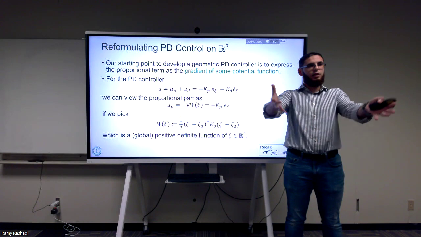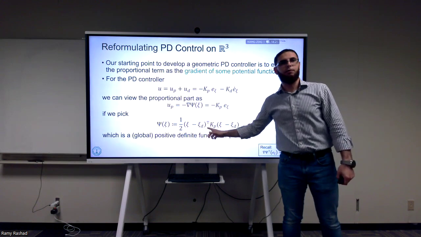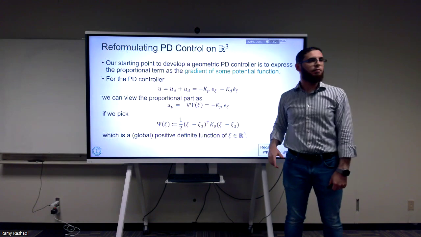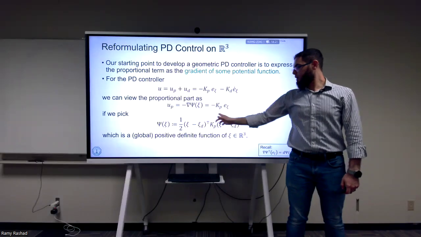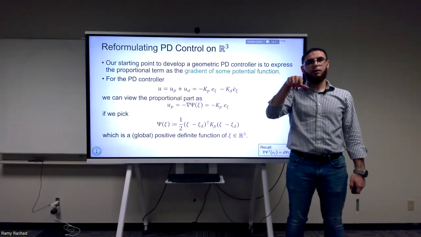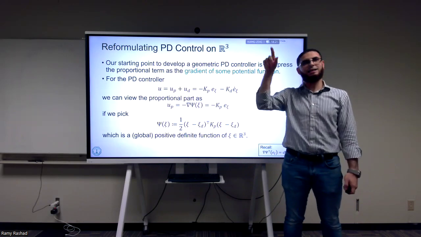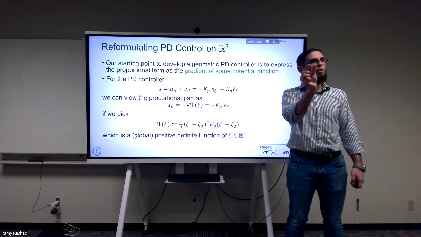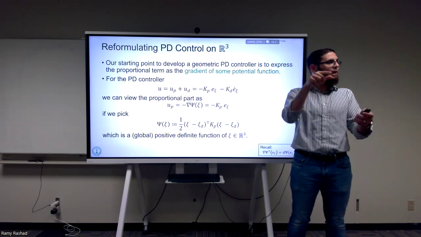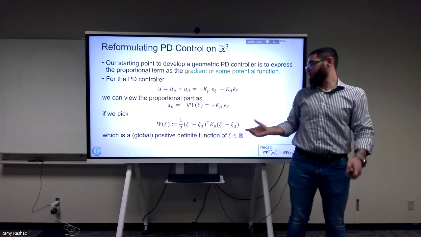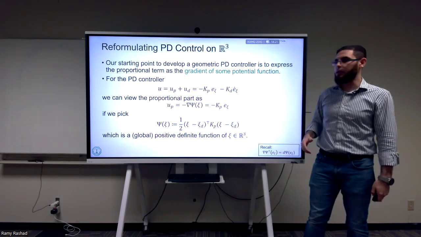This is just a quadratic function of psi minus psi d. So this is equivalent to half mv squared in the 1D case, or half k delta x squared. If delta x is any nonzero number, half k delta x squared is always a positive number. This is the multivariable case of it.